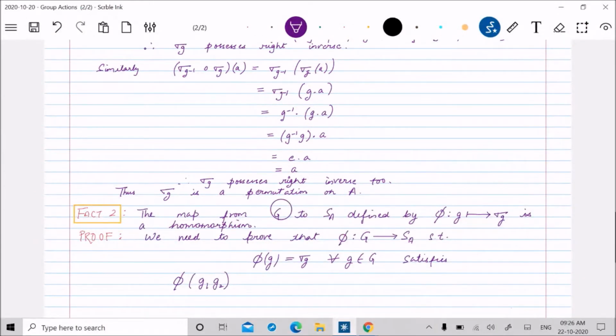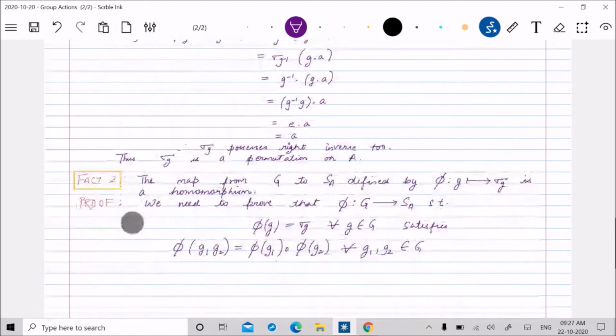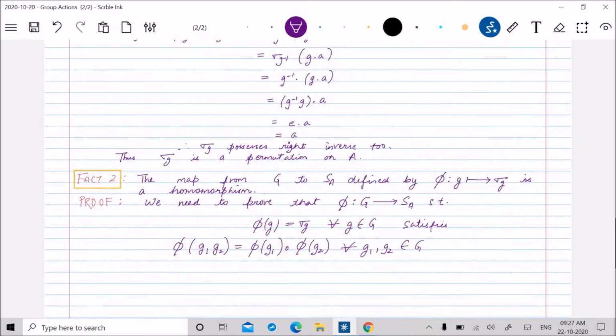It may be plus, multiplication, addition, modulo, any operation, right? So I'm not using any symbol here between these g1 and g2, is equal to phi(g1), and of course this will be a member of SA, and SA is a symmetric group. The operation is this composition, right? And phi(g2), for all values of g1, g2 belonging to G. You need to prove this property, and this is a property of homomorphism, right?